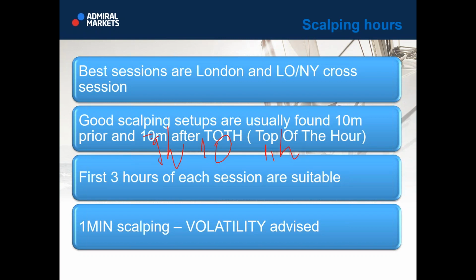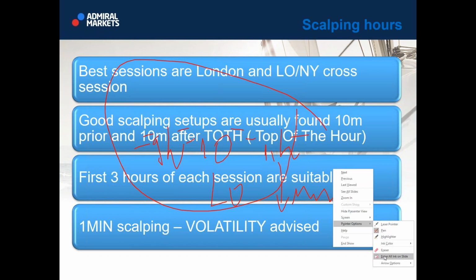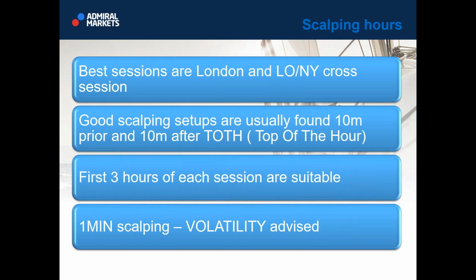And usually 10 minutes before and 10 minutes after 9, 10 minutes before and after 10, and 10 minutes before and after 11 o'clock will be the best time to take trades. Because usually during London noon, you will have profit taking and the price might go up and down without any clear direction.